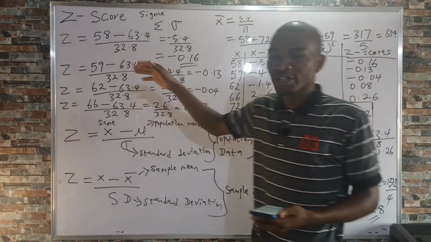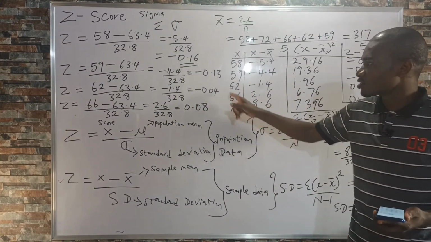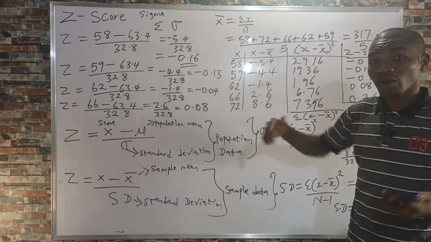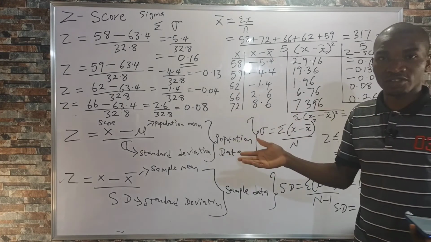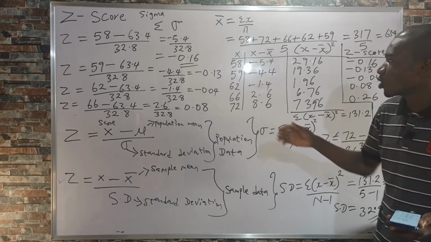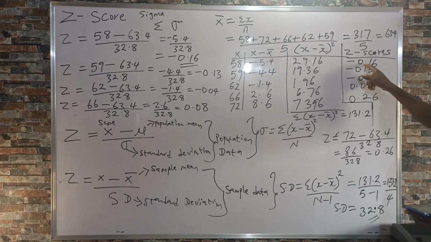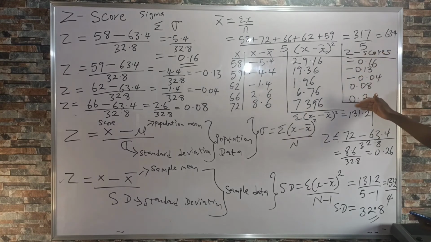We've claimed the board already, we have the scores, so if you're asked to find the standard scores of these scores, we also have other standard scores like t-scores, but we are precisely talking about z-score here. So the standard score for all these individual scores are the negative values of 0.16 and the rest.